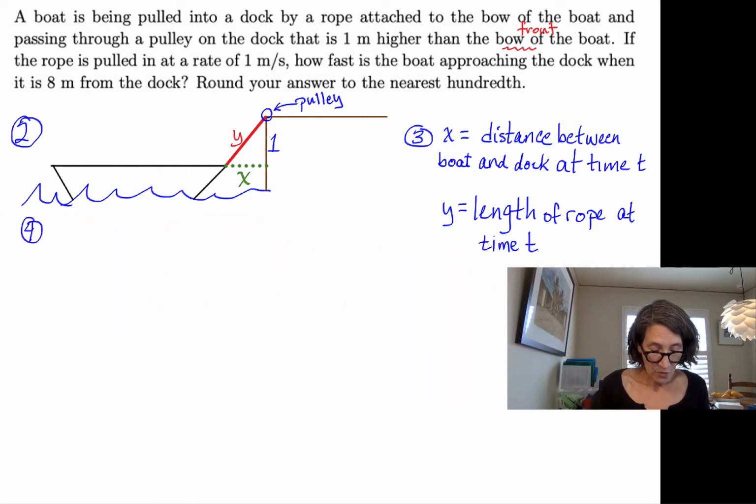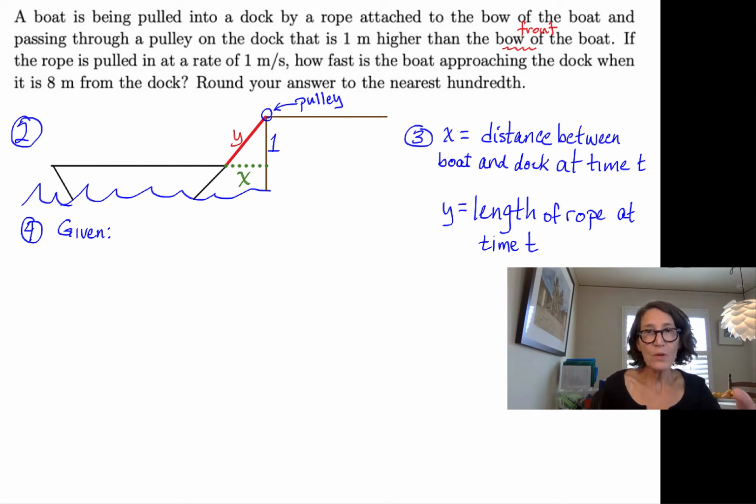Let's do step 4. So we're given a rate, and let's write the given rate as a derivative with respect to time. So the rate that we're given is the rope is being pulled in at a rate of 1 meter per second. So that's the length y changing, and it's getting smaller, right?